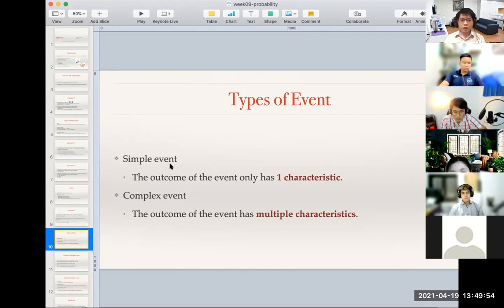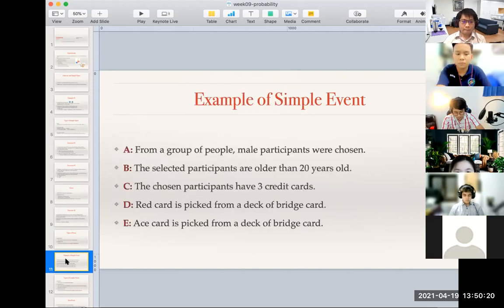Simple events are usually events whose outcome has only one characteristic. And for complex events, obviously since it's complex, it has multiple characteristics. It should be more than one. It can be 2, 3, 4, 5, and so on.